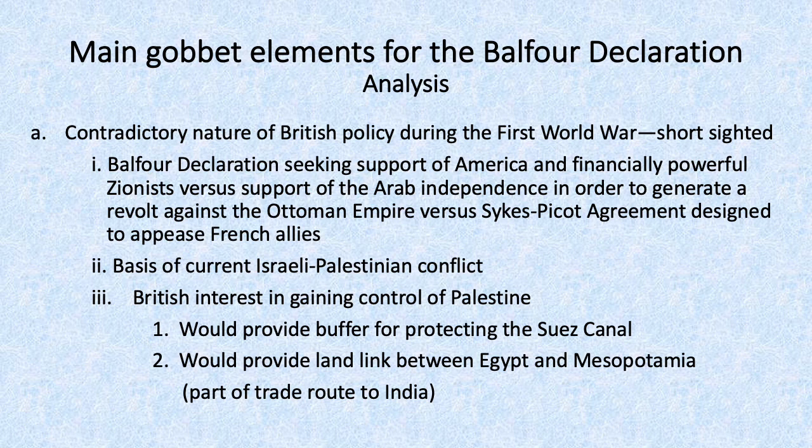So, making promises to a lot of different parties that to some degree were not compatible. This is where you might discuss the role of the Balfour Declaration in laying the foundation for the future Israeli-Palestinian conflict.